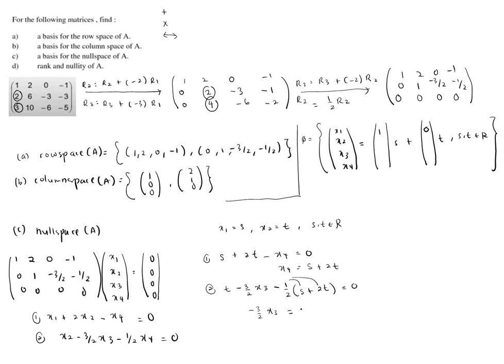Ini tadi akan jadi S/2. T dengan T dah habis, tambah T tolak T. Okey. Jadi X3 S/2 darab negatif 2/3. So kita akan dapat negatif 2/3, betul? So negatif S/3.